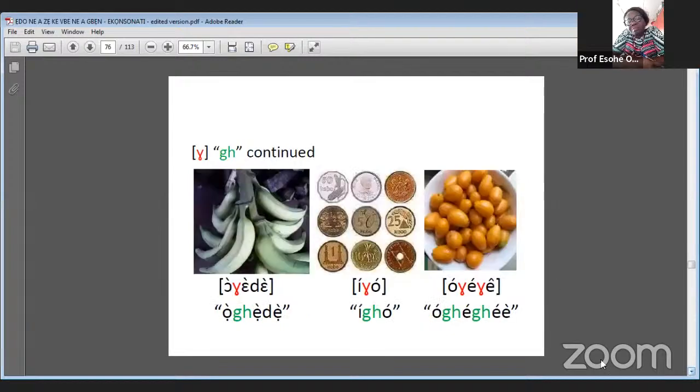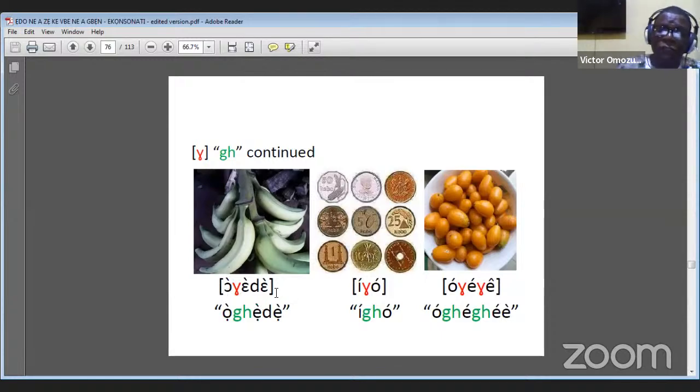Then Ogede, a three-syllable word. And then Igbo, different from what we saw earlier. Igbo, money. Igbo, horn.